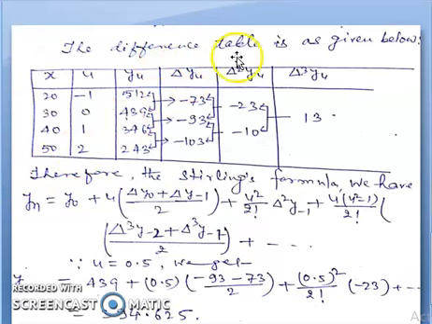Now the difference table is as given below. This is x and this is u. What is u?